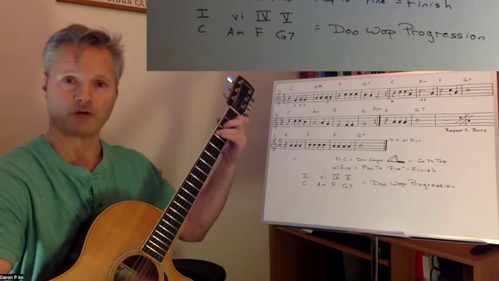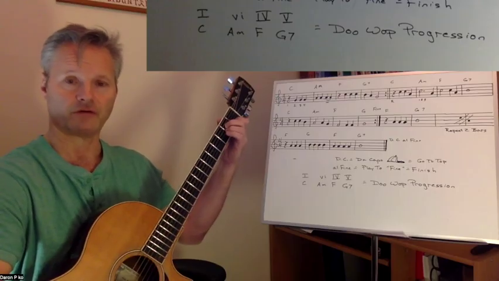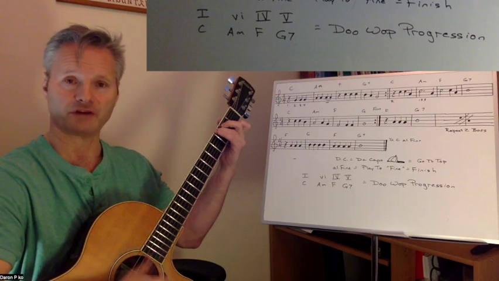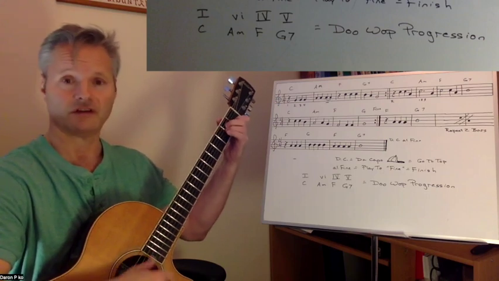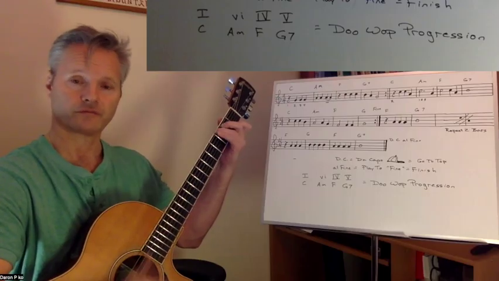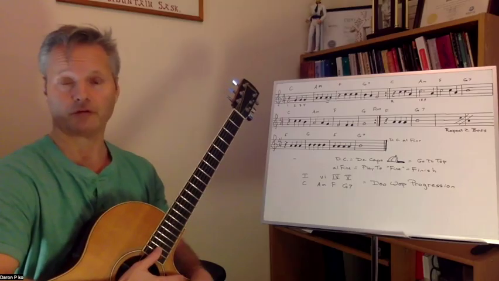This is the doo-wop progression, the 1 to the 6, to the 4, to the 5. Very popular in the 50s and 60s with these kinds of songs, these teenager in love songs. So when you're ready, you can practice that.